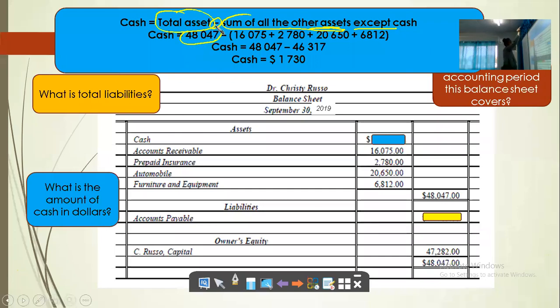Total assets equals 48,047 minus the total of all the other assets, 46,317, which will give you the value of cash: 1,730.